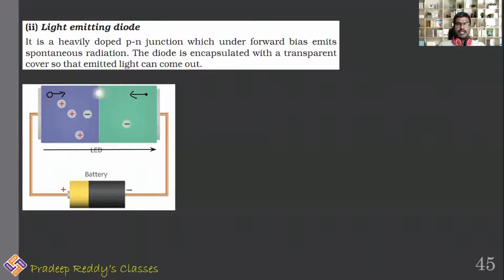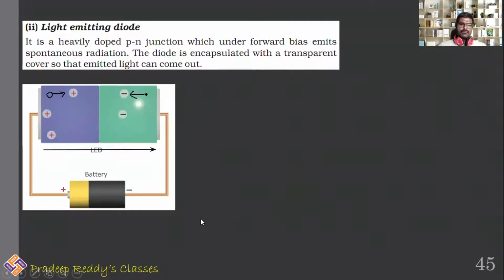One positive charge means a hole, and one negative charge means an electron. The electron and hole come closer to each other, and near the depletion region or within the depletion region, they recombine. When they recombine, light energy is produced, and that light energy is emitted by the junction diode, so it is said to be a light emitting diode.